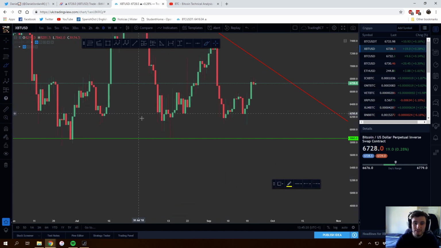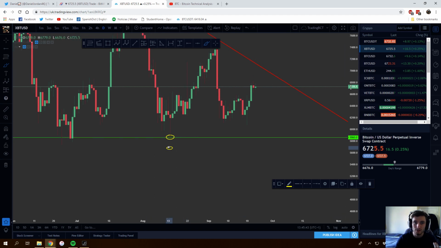We could very safely buy here, have a limit buy set at 5,800 as our buy, and we can very safely then be trying to play this up to again the top of the descending triangle with our stop loss placed here below support, because we can very safely be buying here with our target obviously the top of the descending triangle.